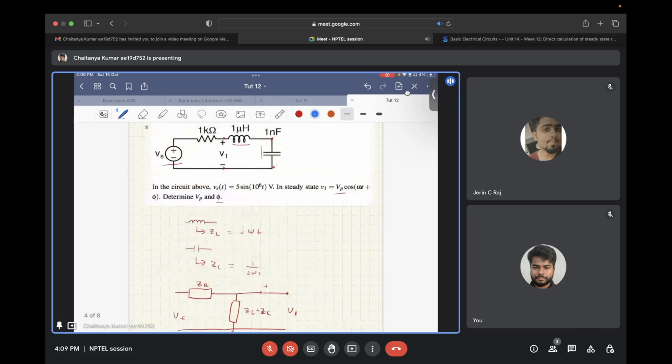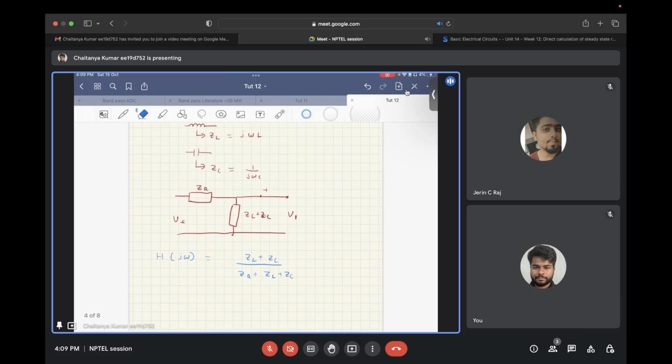Let's first find it out in terms of variables, and then we will plug in the numbers that are given in the question. So j omega L plus 1 upon j omega C divided by R plus 1 upon j omega C plus j omega L.